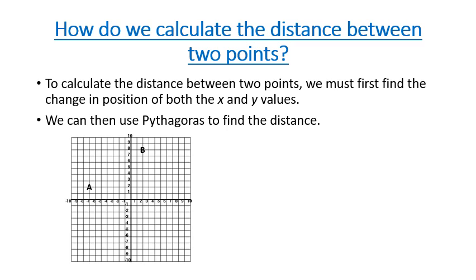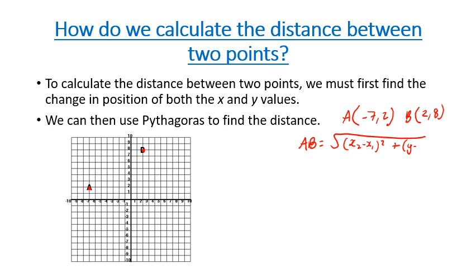We have a point A, which is -7, 2, and we have point B, which is here, which is 2, 8. Therefore, the distance AB must equal the square root of x2 take x1 all squared plus y2 take y1 all squared.